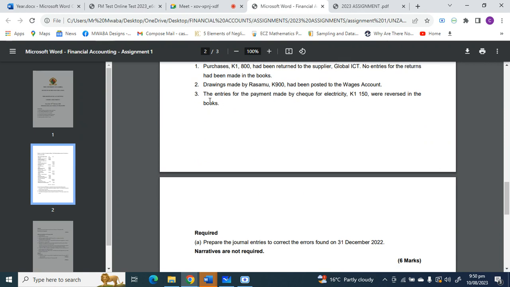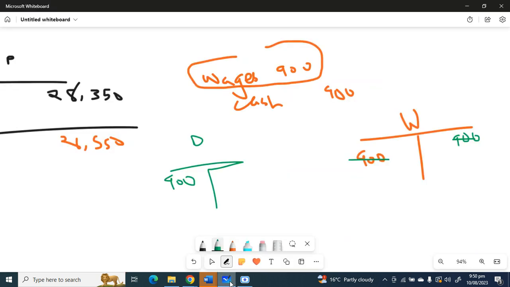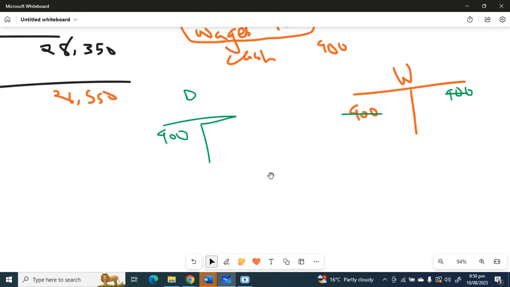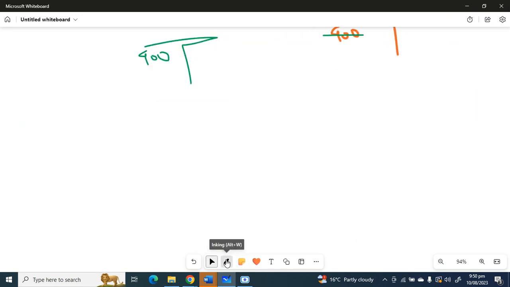Number three, the entries for the payment made by check for electricity, 1,150, were reversed in the books. So there was a payment for electricity. Then they've reversed it. So what do we have to do? We have to reverse again to show that there's been a payment. What happened originally? We paid for electricity by check. Since you're paying for electricity, you debit.